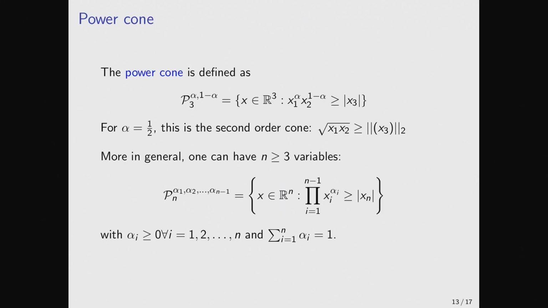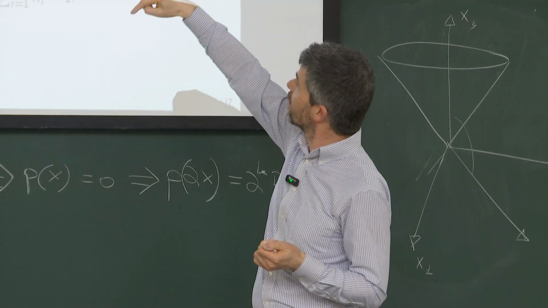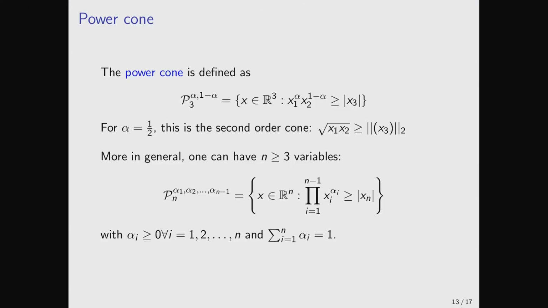I'll discuss another two types of cones. The power cone is described by that single inequality in three variables. It's a sort of generalization of the rotated cone where, instead of a product between x1 and x2 on one side, you have x1 to the alpha times x2 to the power of 1 minus alpha.